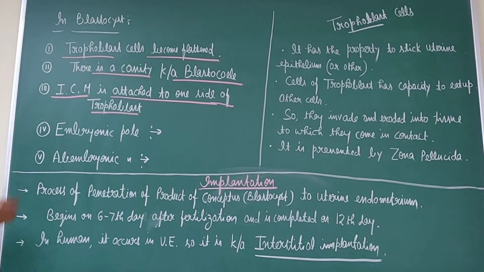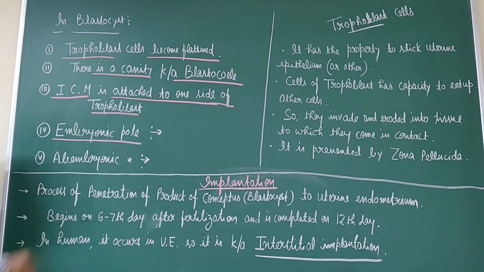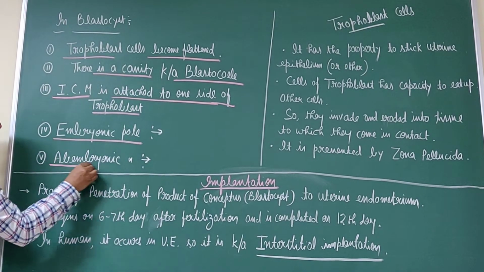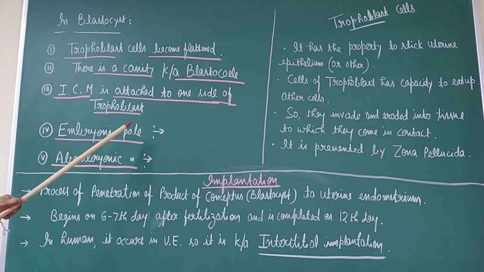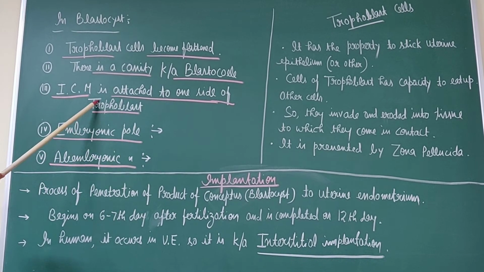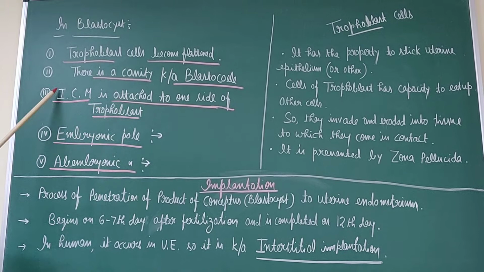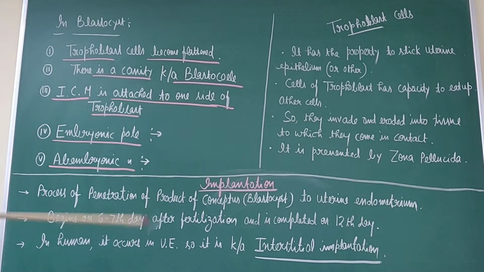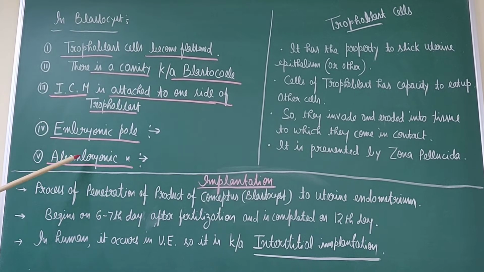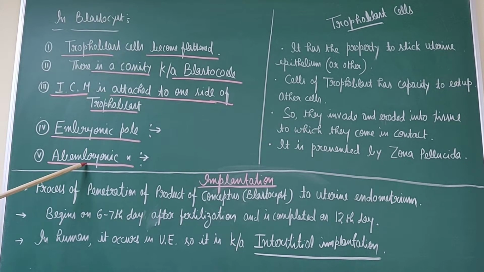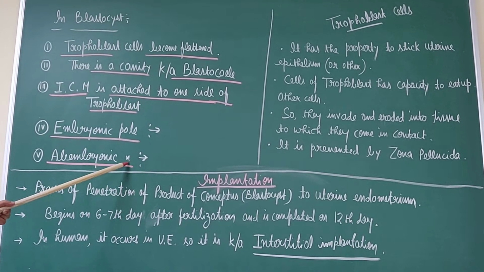Now there are two poles, the embryonic pole and the abembryonic pole. The embryonic pole is the pole of the trophoblast to which the inner cell mass is attached, while the opposite pole is the abembryonic pole.